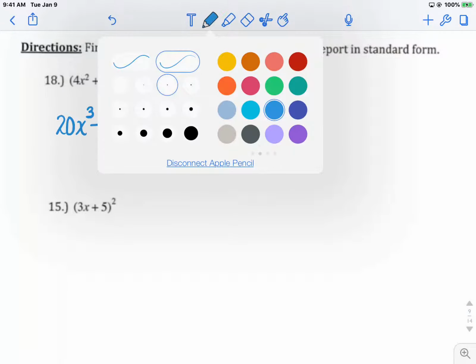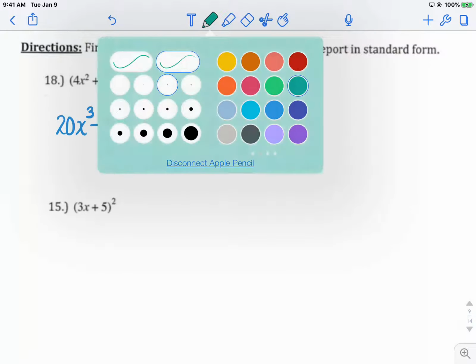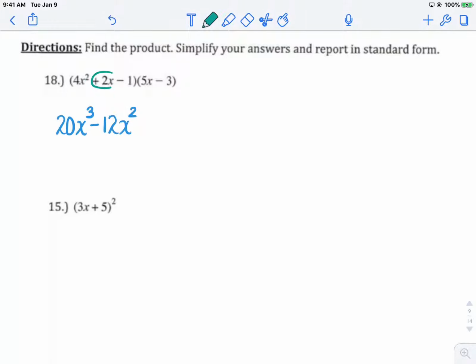Now I'm going to take my next distributor, which is the 2x term, and that needs to distribute over those terms. So 2x times 5x is positive 10 for the 2 values that are numbers, and x times x is x squared. 2x times negative 3, so negative 3 times 2 is negative 6x.